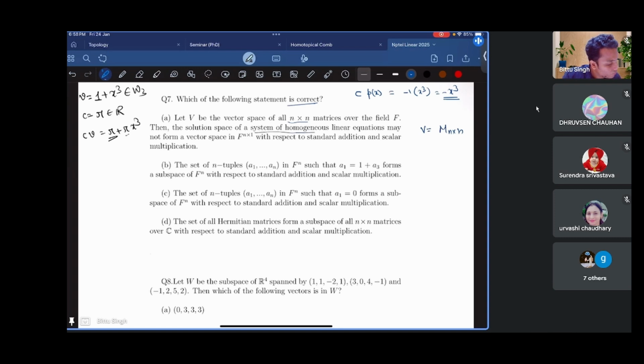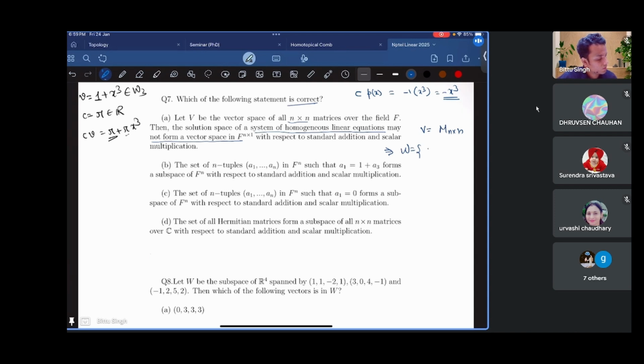The solution space of a system of homogeneous linear equations may not form a subspace of F^(n×1). So let W be the subspace of this form.